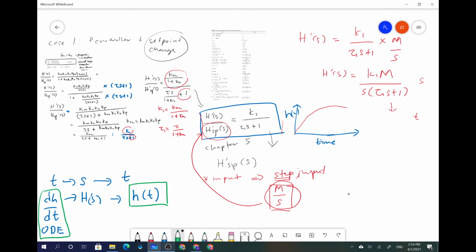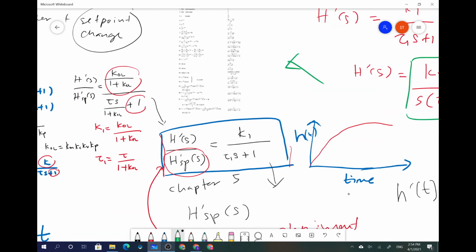Okay, we continue. We want to solve this equation so that we get h prime of t. If you have this, you can straight away look at Table 3.1. Let us zoom in.